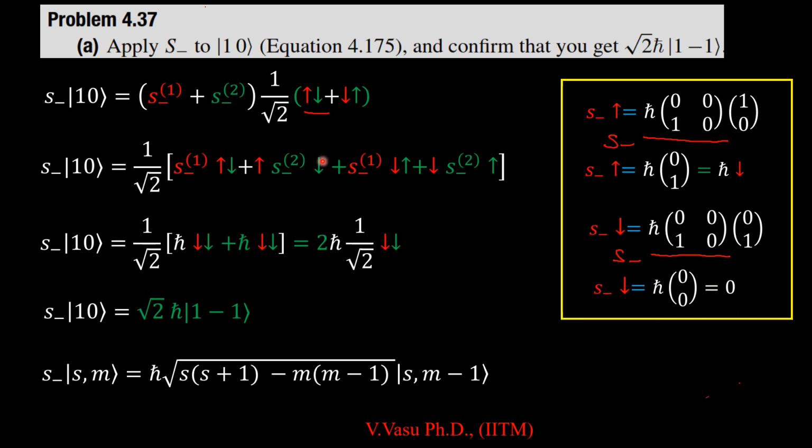You apply this here. What will happen in the first one? The red color, that is the electron spin, gets flipped and comes down with the value h-bar. And what about this one? It is already in spin down state, so if the lowering operator acts on it, this will be 0. Next one is also lowering, acting on the spin down state, so this will be 0.